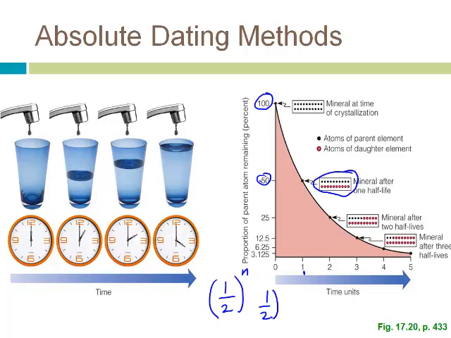This would be 1/2 to the first power. 2 half-lives would be 1/2 to the second power, which means you have 25% of the material left after 2 half-lives. Why? Because if you take 1/2 times 1/2, that equals 1/4. That's this right here.